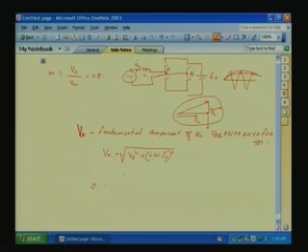So, 0.8 E0 square minus Vs square, divided by omega square Is square, and the square root of this will be equal to our L value.